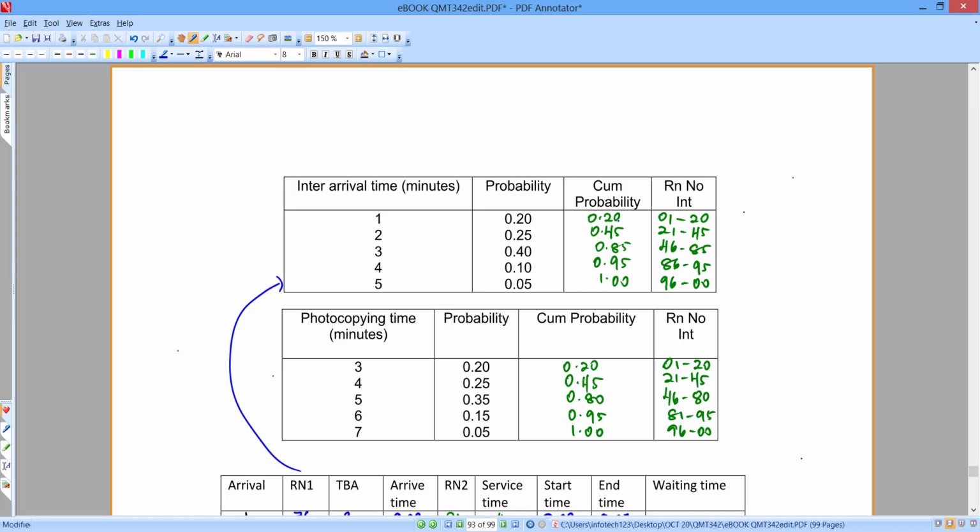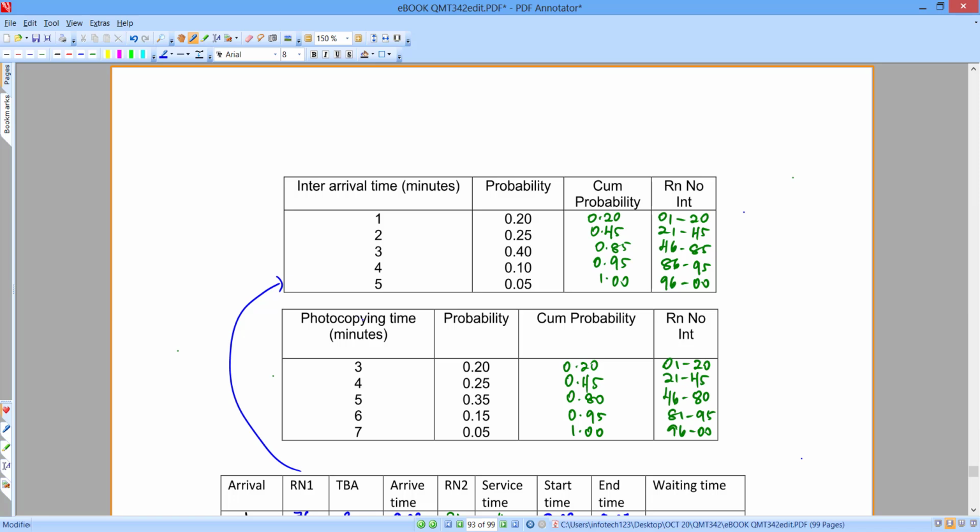Look at the last two digits to locate the upper limit. Start with 01 up to the first cumulative probability value, that is 20. Next, after 20 is 21 up to the second cumulative probability value, until we get 96 up to 00.